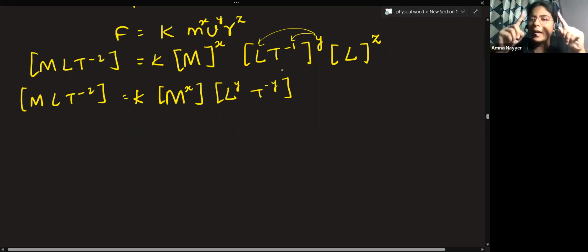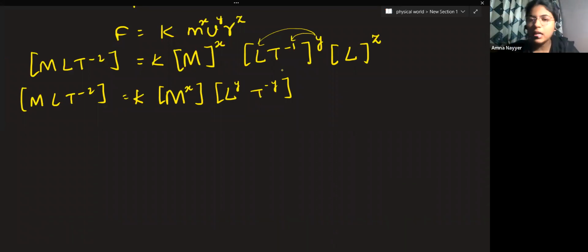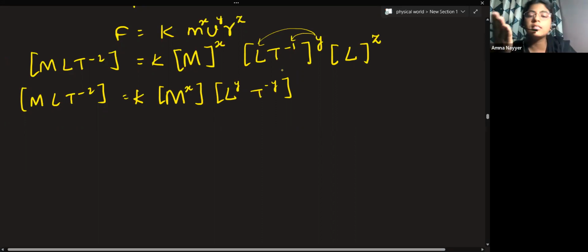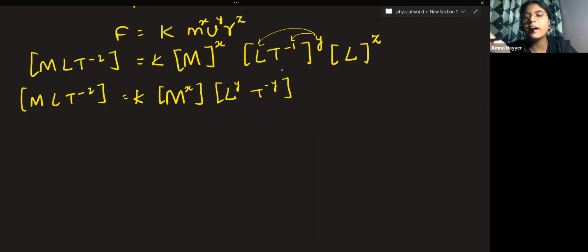Because if I'm writing L multiplied by T to the power minus 1, whole to the power y, it means y is the power of L as well as y is the power of T to the power minus 1. So we are just distributing each power. y was the power of complete velocity. Now we have expanded velocity in terms of length and time.